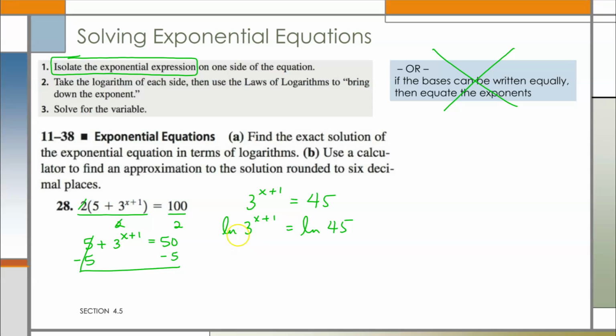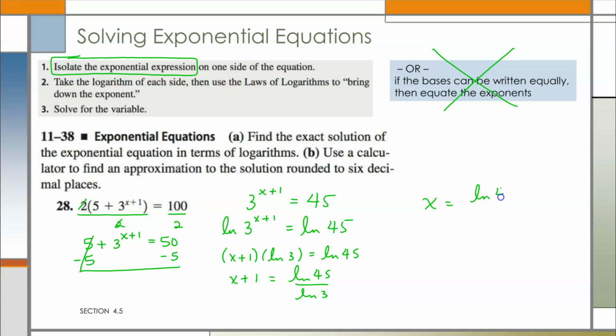They're not of the same base, but what we could do is bring down that exponent using our law of logarithms. Once we bring down that exponent using the third law of logarithms, we divide over that ln of 3, and finally we can subtract 1.